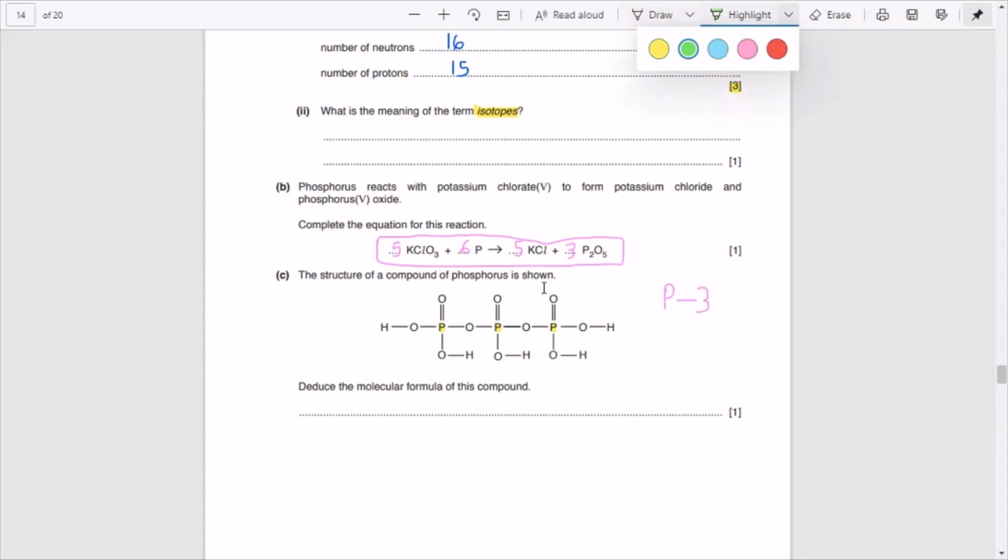Now if we talk about oxygen, we have 1, 2, 3, 4, 5, 6, 7, 8, 9, and 10 oxygens.